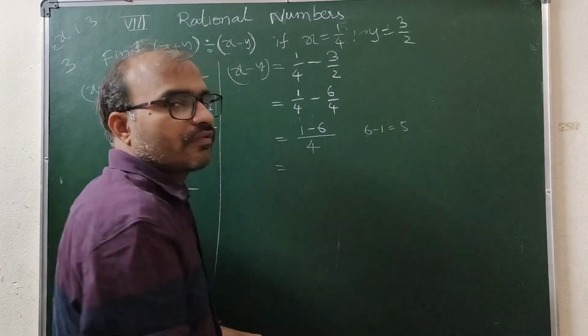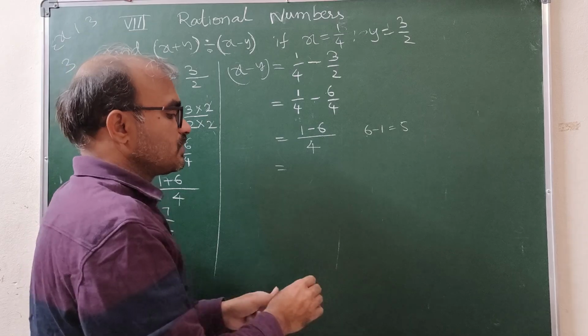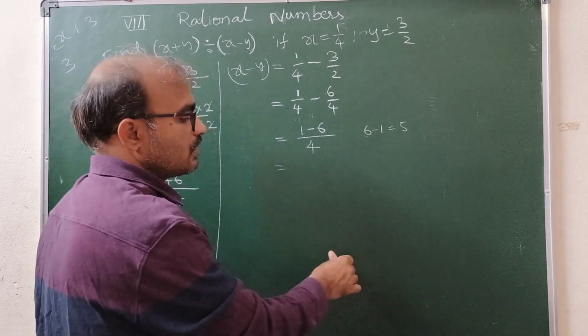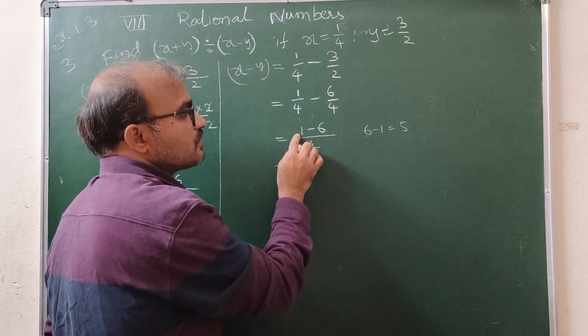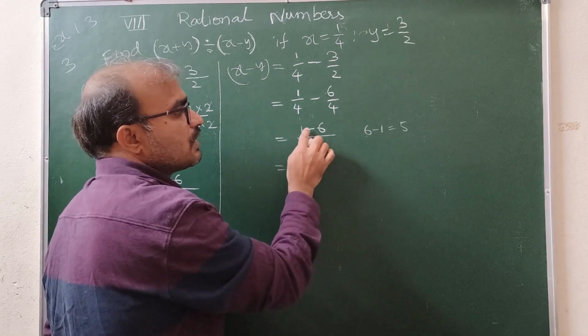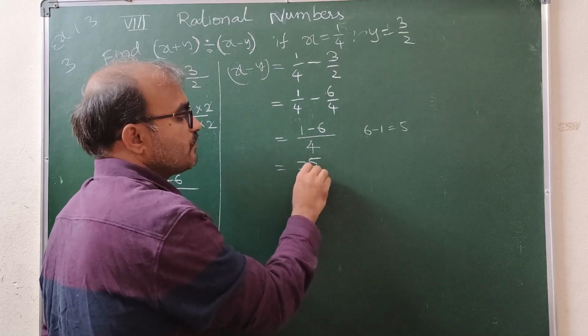So that is plus 5. That is what we have learned up to 5th class. Now from 6th class we will get the integers. So 1 minus 6 is, now reverse, small number minus big number, you will get minus 5 by 4.